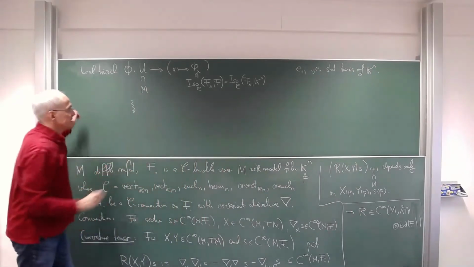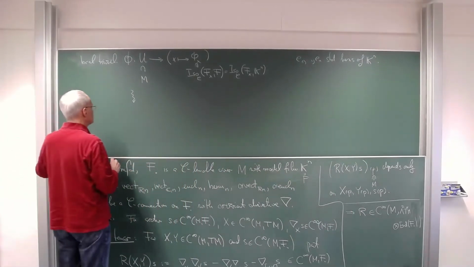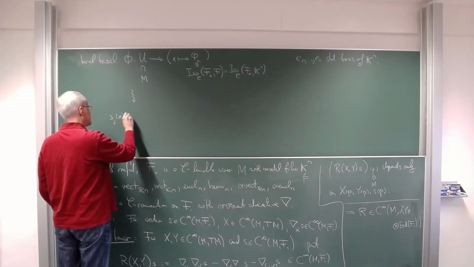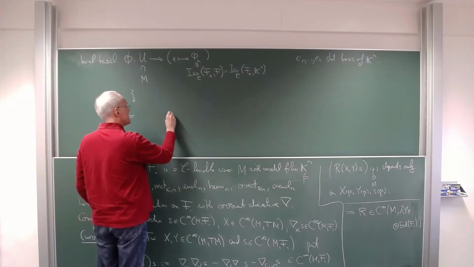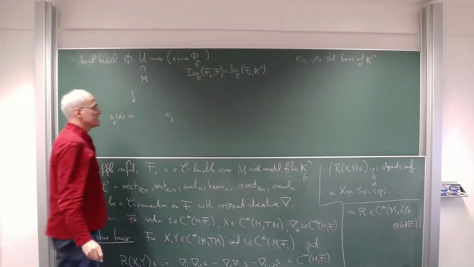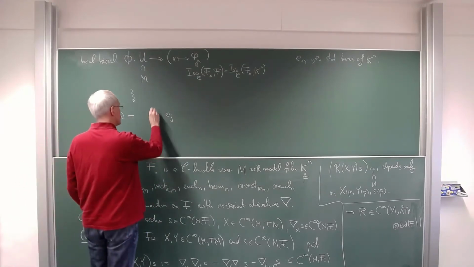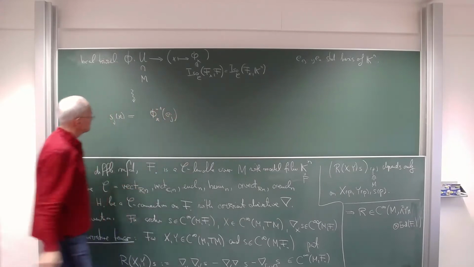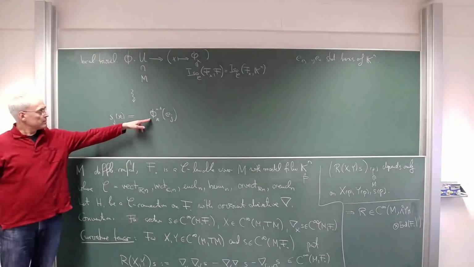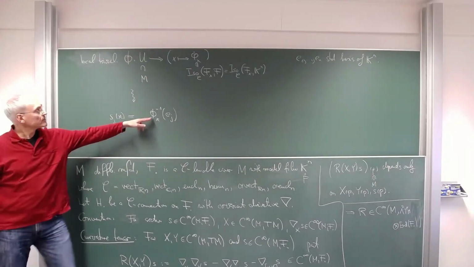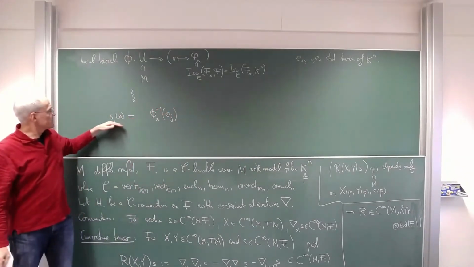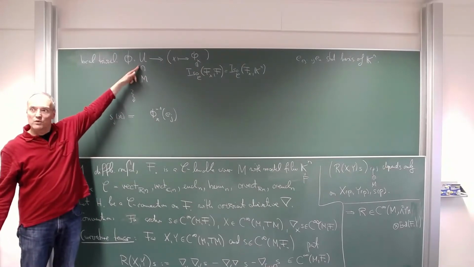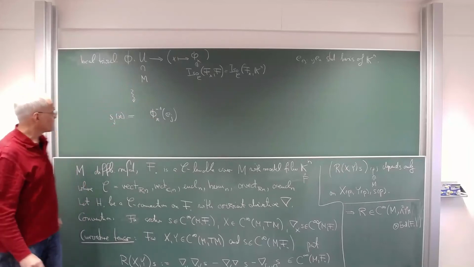So I take one of these standard basis vectors and I put Sj of x equals, let's take Ej, the jth basis vector, and let's apply the inverse of the local trivialization to it. Then this gives me an element in the fiber Fx in here. So this defines a section over the set U, a smooth section, because this is smooth.